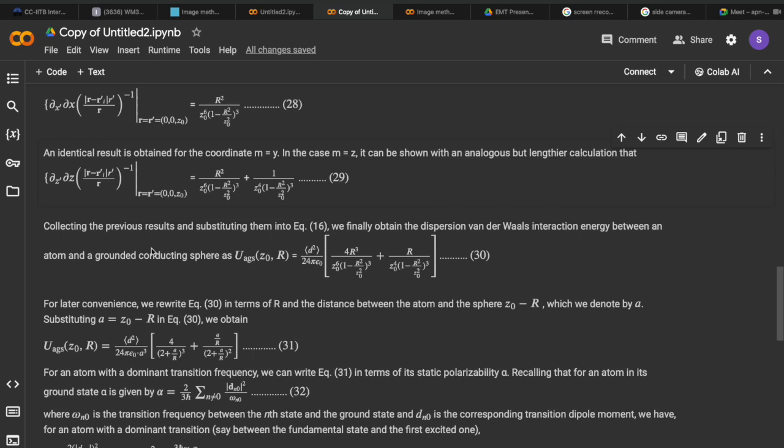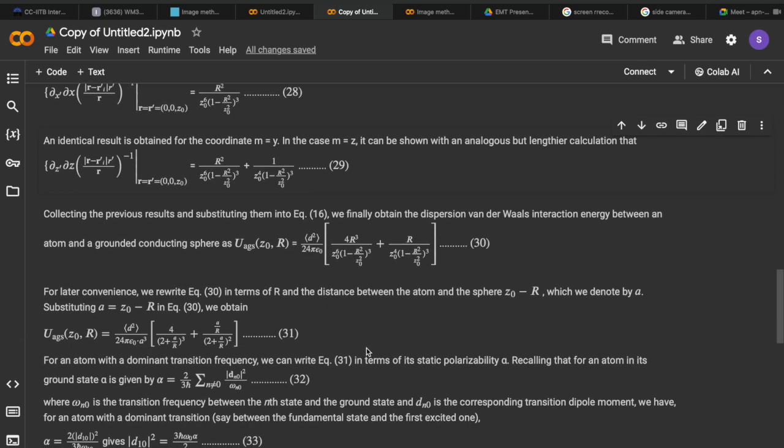Collecting the previous results and substituting them into equation 16, we finally obtain the dispersion van der Waals interaction energy between an atom and a grounded conducting sphere as U equal to this expression at z0 and R. For later convenience, we rewrite equation 30 in terms of R and the distance between the atom and the sphere, z0 minus R, which we denote by a.